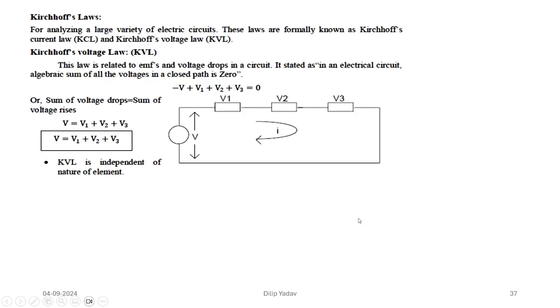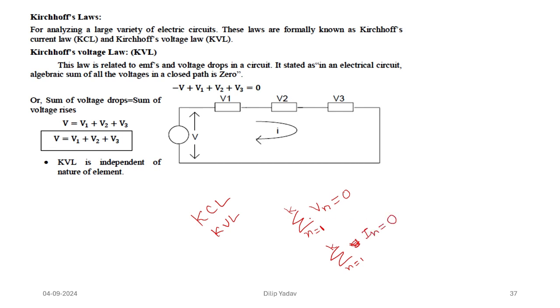Coming to the other tools, that is KCL and KVL. We have two laws, KCL and KVL. In short, mathematically, if n is equal to 1 going till k, then the summation of v of n is equal to 0, and again for n equal to 1 going till k, the summation of i of n will be equal to 0.